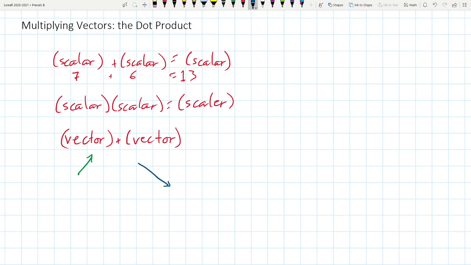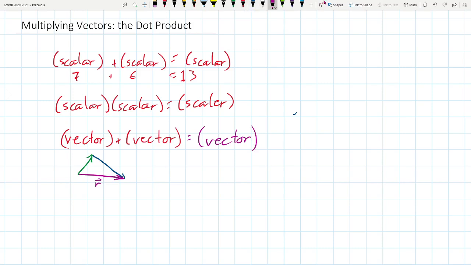All that means is to take this blue one, or the green one, since we know that vector addition is commutative, and the end result is this one. That is the resultant vector, R, and that is really just another vector. So you take two scalars, add or multiply them, you'll end up with another scalar. You take two vectors and add them, you'll end up with another vector.